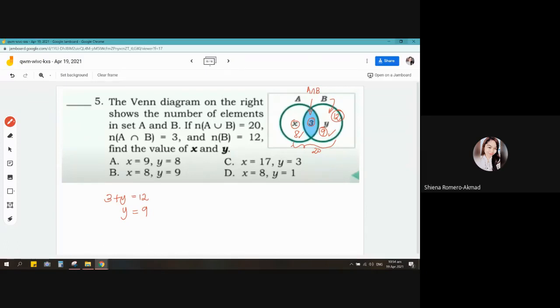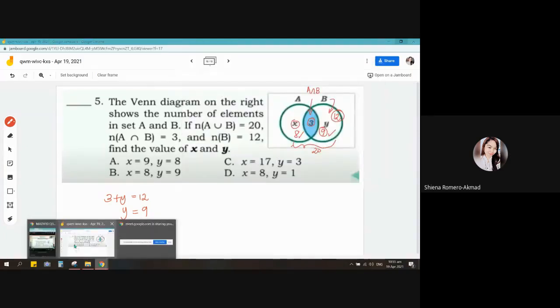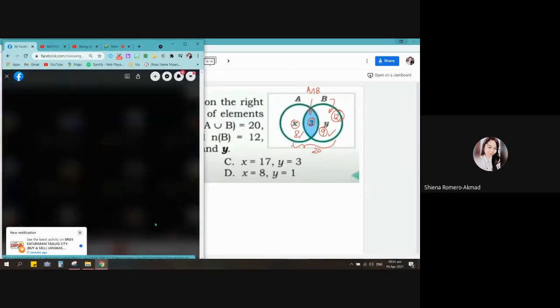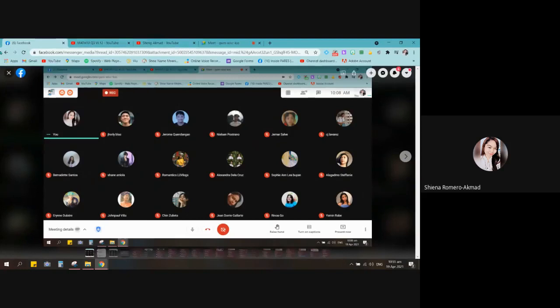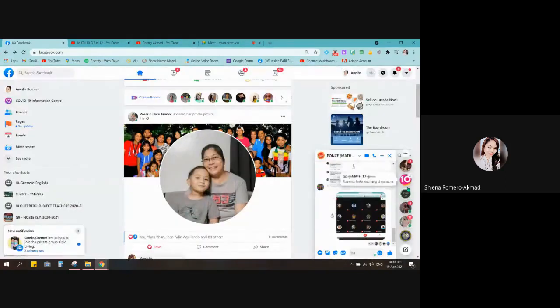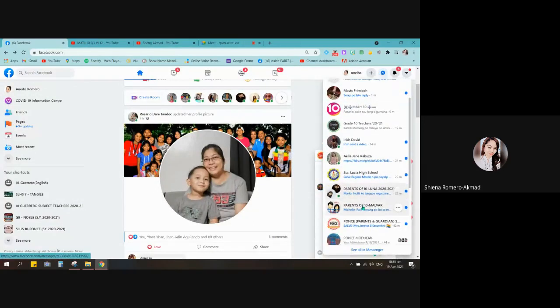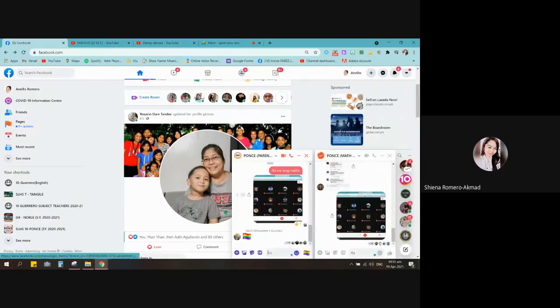Wait lang ha. Nasaan na yung Ponce modular? Tatlong lalaki lang. My gosh. Ilan yung boys natin kanina dun sa 29 na picture? Balikan nga natin yan. Kawawa naman tayo, no? Ito ba yung 29? Ay, hindi yan. Saan ka na?